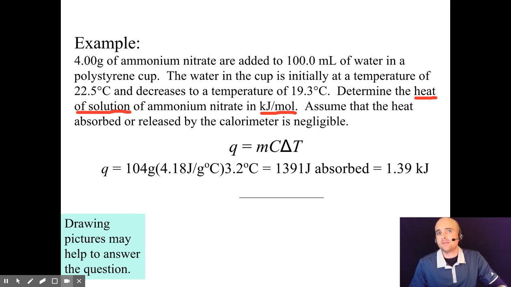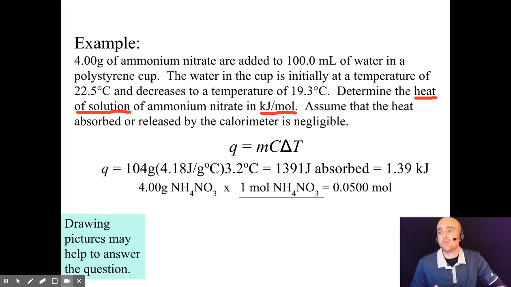So now I have the heat, but that doesn't tell me the kilojoules per mole. So let's find out how many moles of ammonium nitrate we have. Use some simple stoichiometry by taking our grams of ammonium nitrate and converting grams to moles, and we find that there are 0.05 moles of ammonium nitrate in that solution.